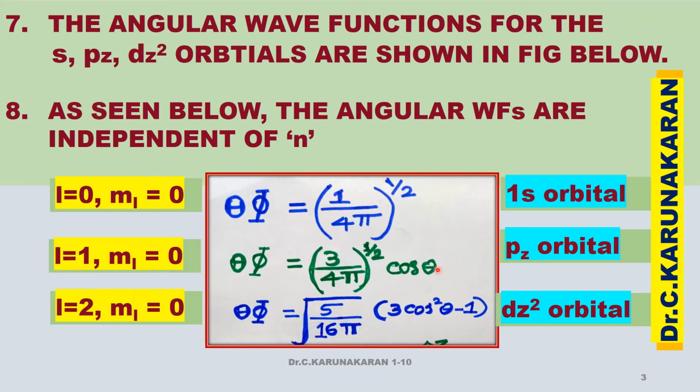It depends on cos theta, whereas the angular wave function for the dz square orbital is given by square root of 5 by 16 pi into 3 cos square theta minus 1. So the angular wave functions for the various orbitals are given here.